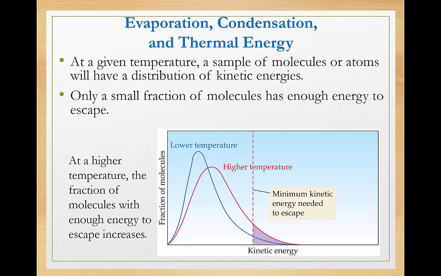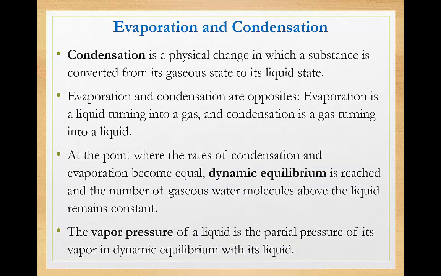So this is the fraction of molecules right here that have enough energy to make that escape. We have to get past this critical point right here. We'll look at the math in a minute on that, but let's talk about the other states first.